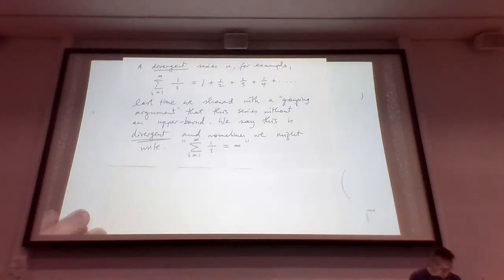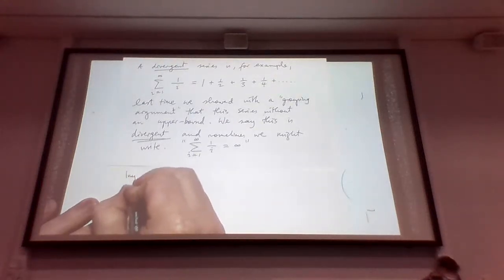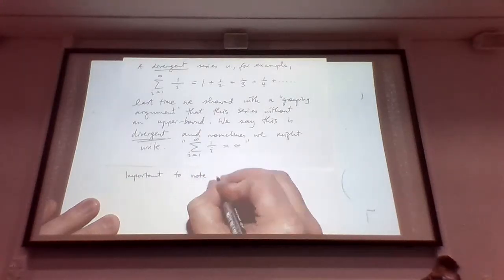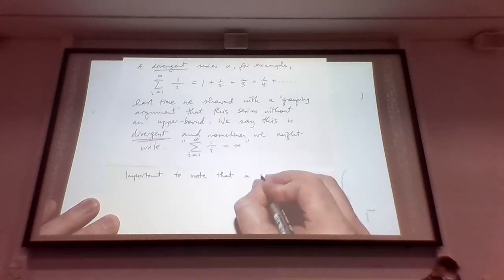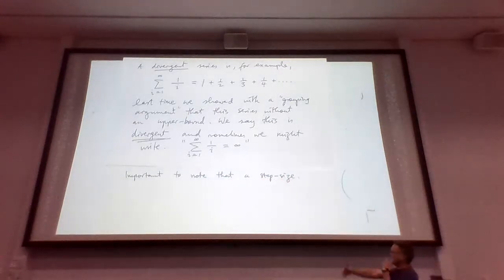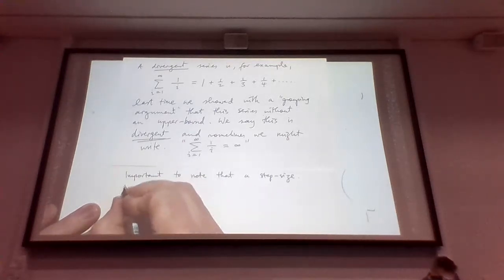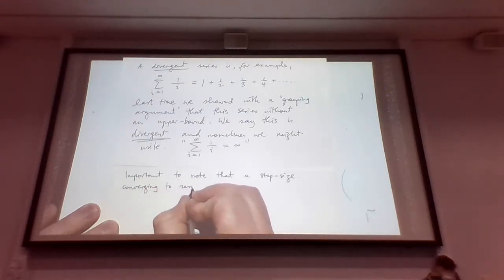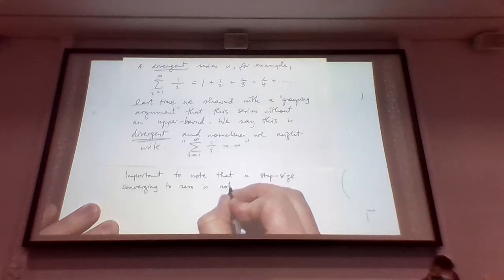So those were our 2 examples. So it's important to note that a step size is just a phrase I'm using for the term of the series, when we're thinking of the series as making positive steps along. It's important to note that a step size converging to 0 is not enough to make the series converge.